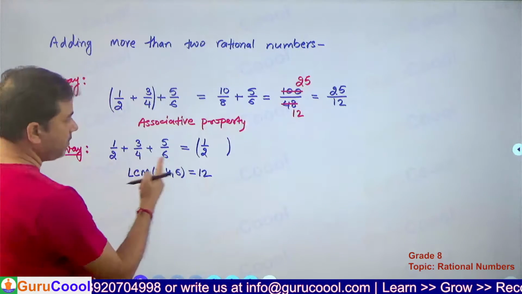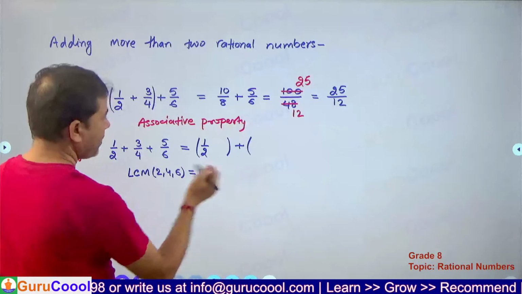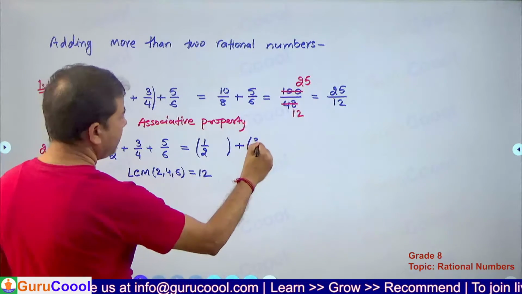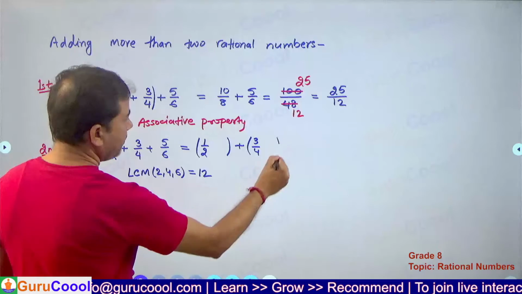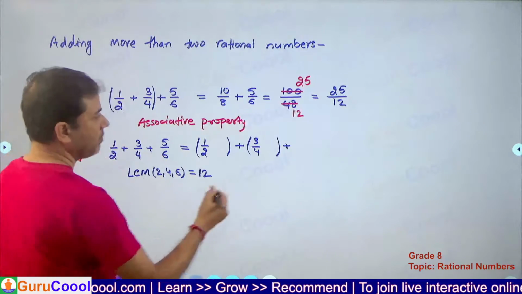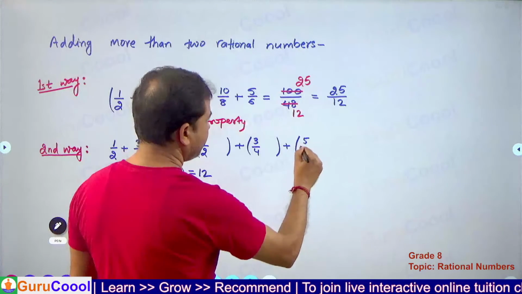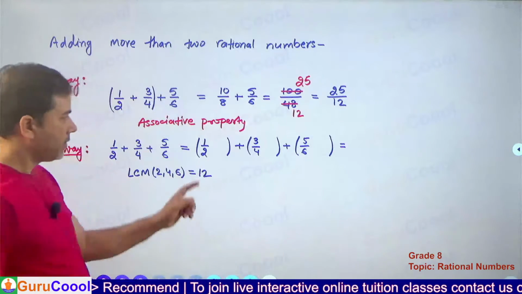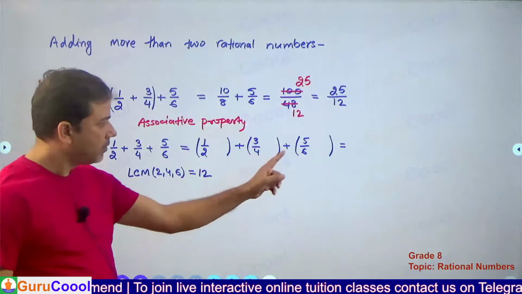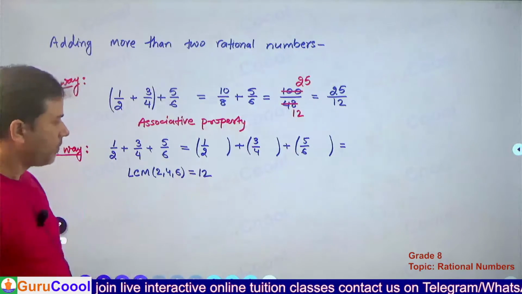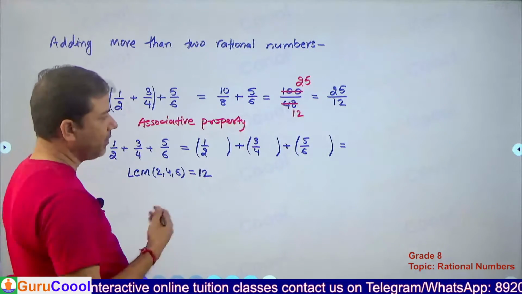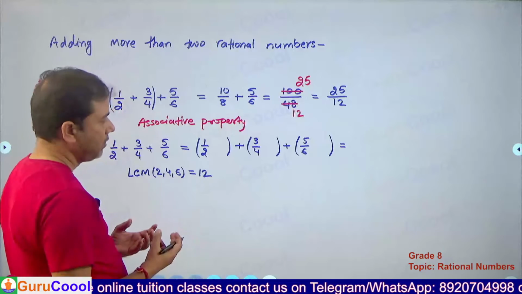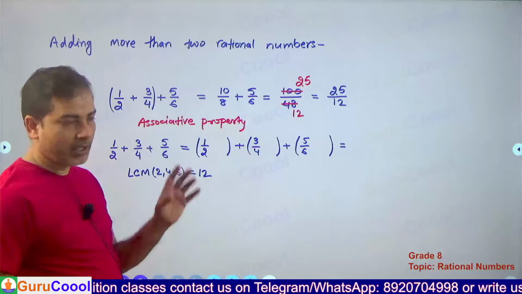First rational number 1 by 2. Second rational number 3 by 4. And third rational number 5 by 6. I want all these denominators to be 12. So I will multiply with some number that can make it 12 in the denominator.